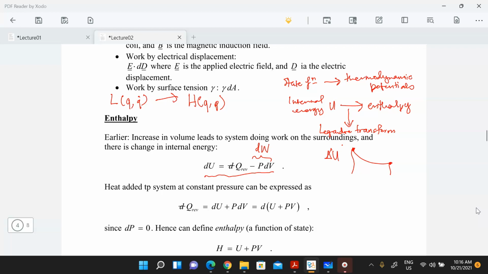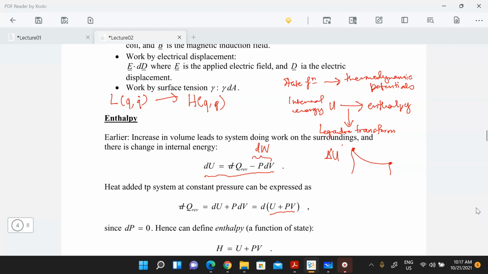I will be able to rewrite this by putting this PdV on the other side, and then I get the amount of heat given by dU plus PdV. Now, if it's constant pressure, then I can bring your P inside your differential, and I get d(U plus PV).